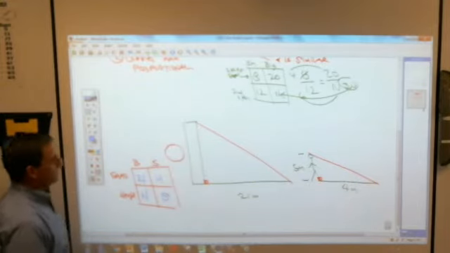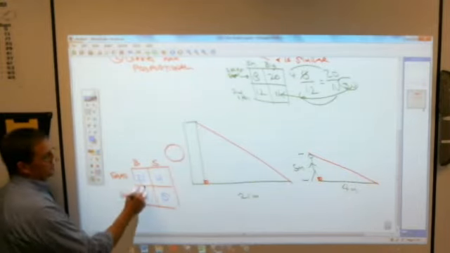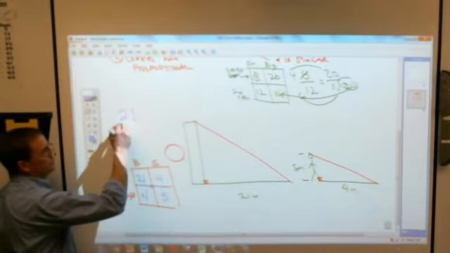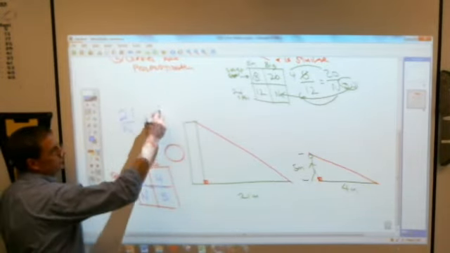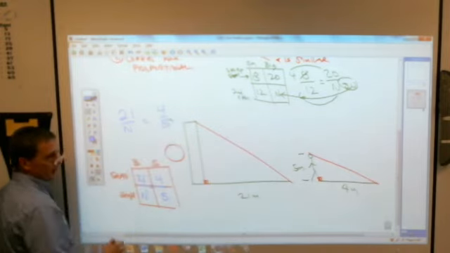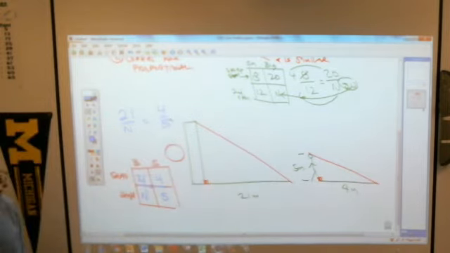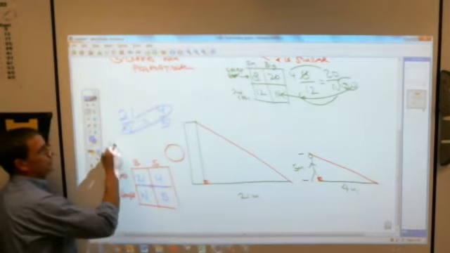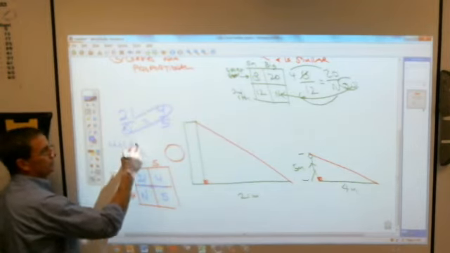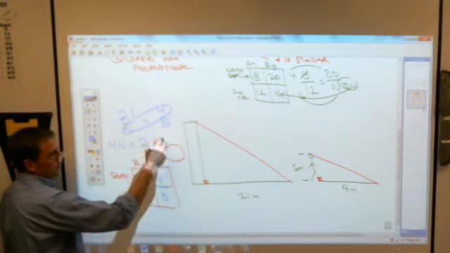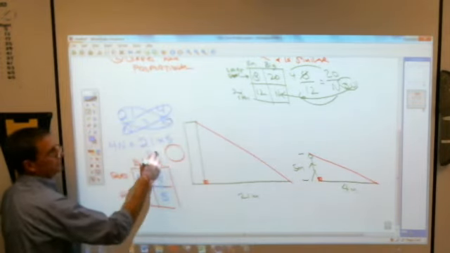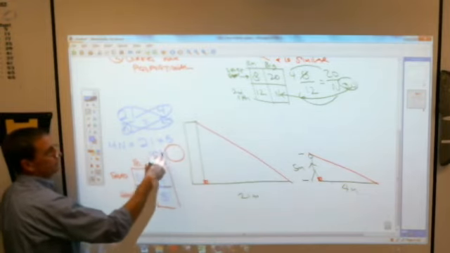Where are you at with this one, Tyler? You got that? Just going to make equal fractions with these two and solve them. 21 over n equals 4 over 5. If you can't figure out the scale factor, you can always do it with cross products. 4 times what number equals 21 times 5? 21 times 5 is 105.